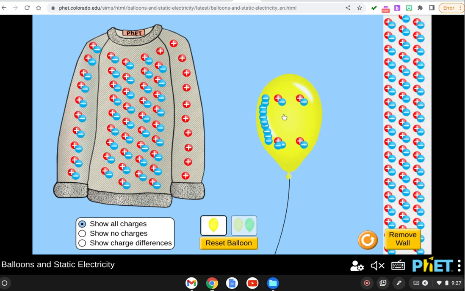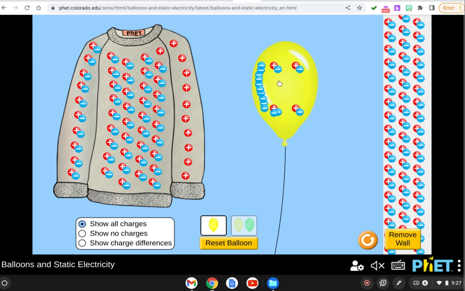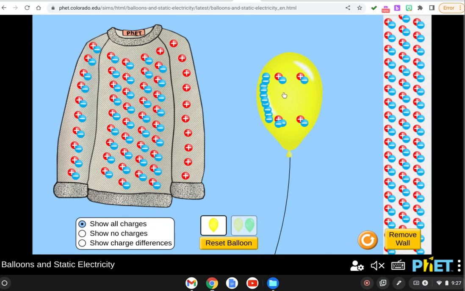Now, I am asking, balloon is now, tell me, balloon is charged or not charged? Which charge has balloon, positive or negative? Negative. Why? Because it has more negative charges, is it? Yes.